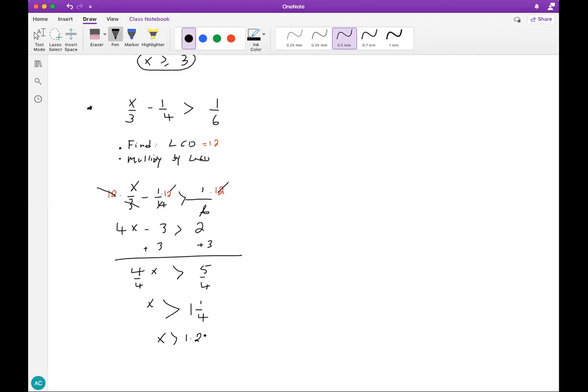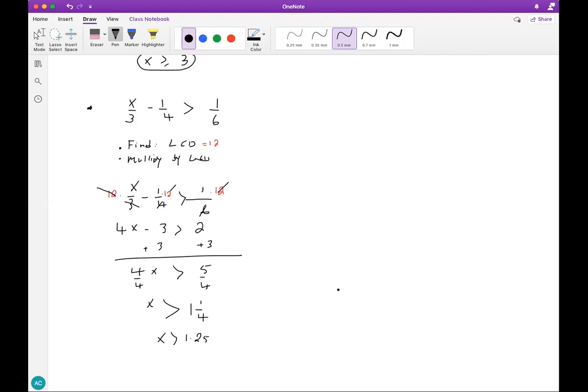Right, 1.25. So before you graph your fractions, simplify them first if you have to. Turn them into a mixed number, or you can just turn them into decimals. Again, we talked about this in detail, how to turn improper fractions into mixed numbers and fractions into decimals, in the previous classes, the first 3 or 4 classes.